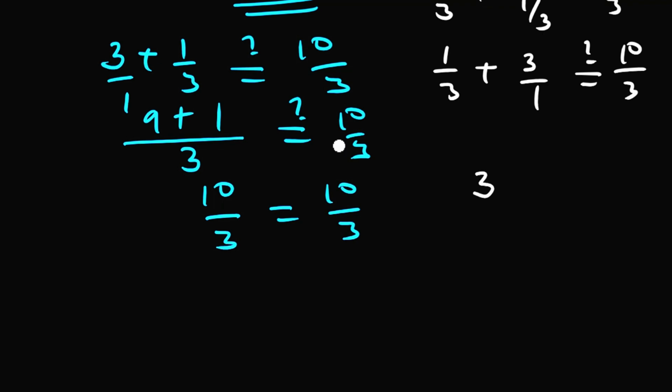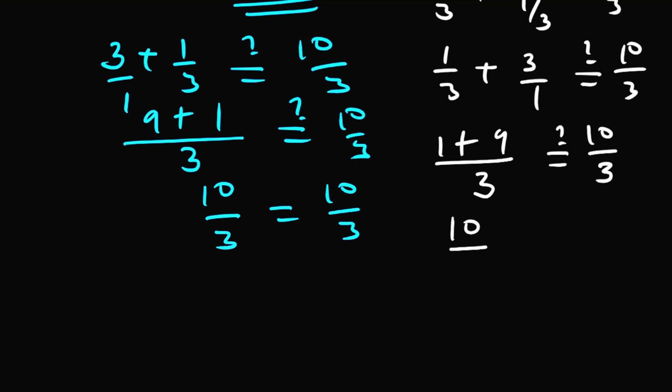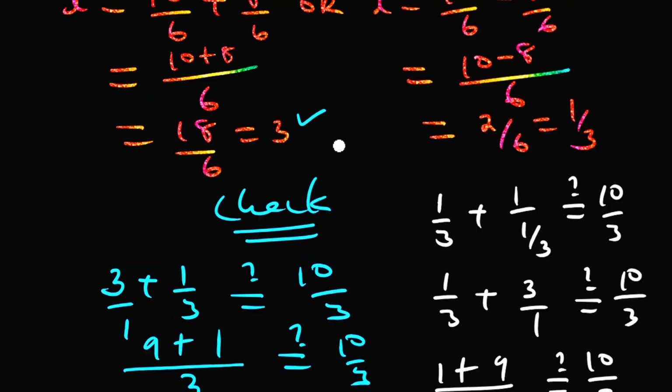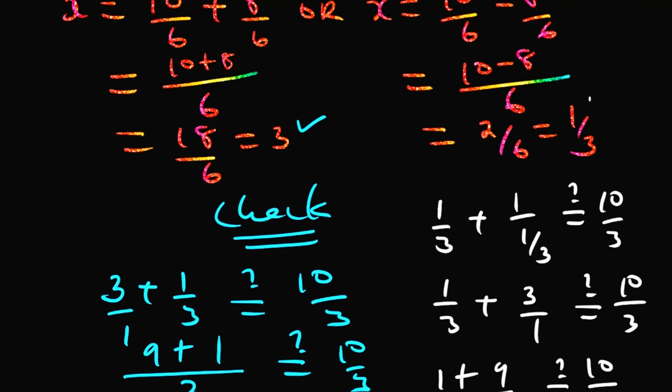So the LCM of 3 and 1 is 3. So 3 into 3 ones, 1 times 1 is 1, plus 1 into 3, 3 times 3 is 9. And we check if that is equal to 10 over 3. So 1 plus 9, that is 10. On the left hand side, we have 10 over 3, and that is indeed equal to what we have on the right hand side. So it also means that this solution here is true.